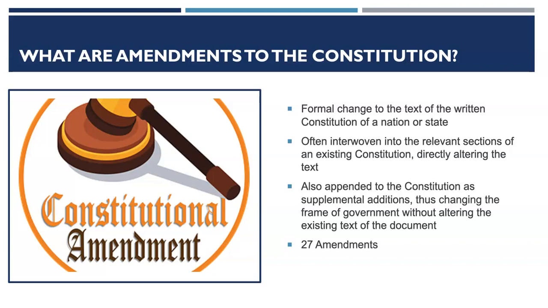Interestingly enough, our most recent amendment, Amendment 27, which is the Congressional Pay Amendment, originally was written around 1789, and it sat dormant for approximately 202 years because the amendment wasn't ratified by the required 3/4 majority of the U.S. states back then.